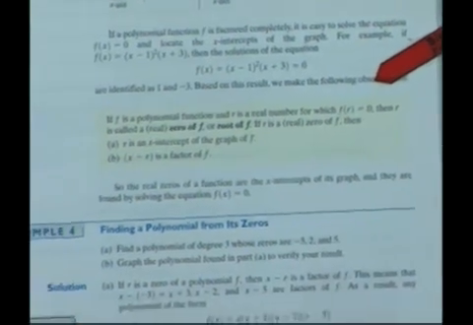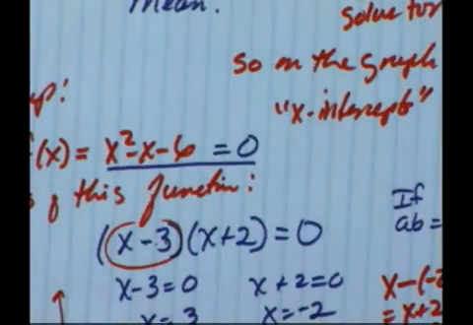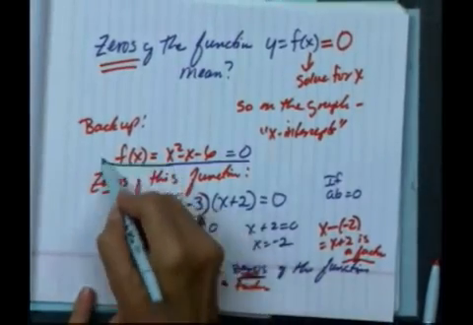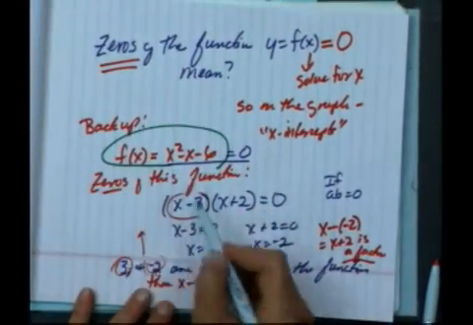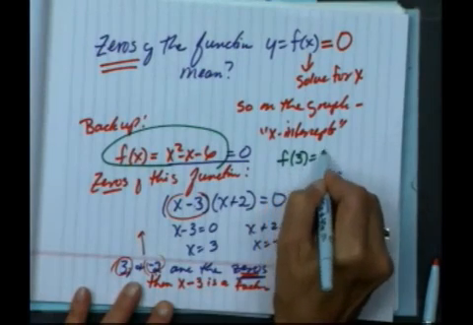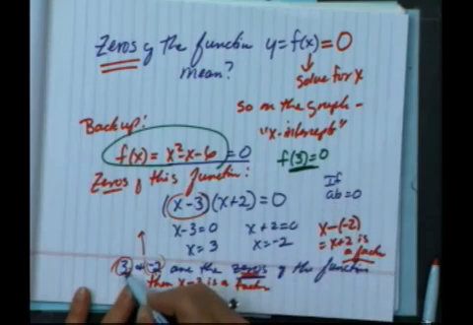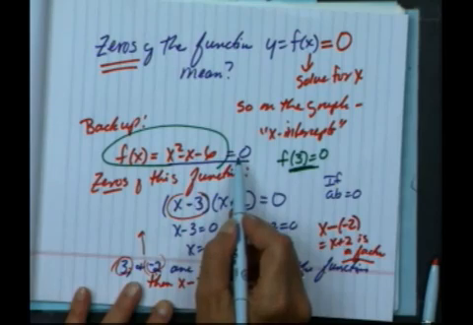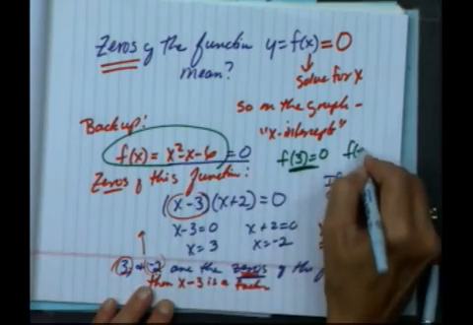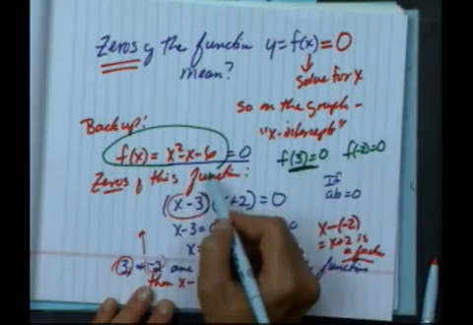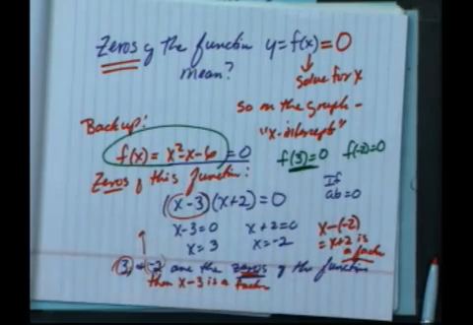So basically, here was our function. It's saying f of 3 is 0, because that's the value you put in. It's going to make that function equal to 0. Or f of negative 2 is 0. We found those to be zeros. That's what that means. Do you see how that's relating to the definition that we're working on right now?